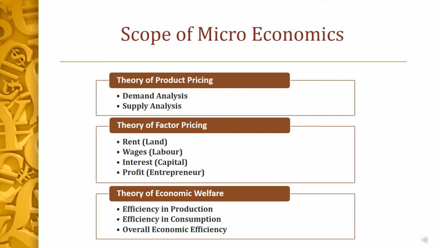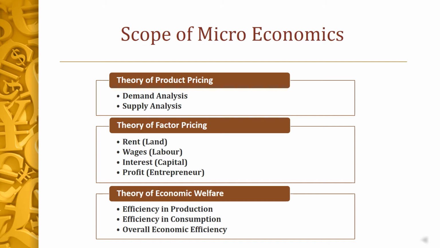Similarly, efficiency in consumption means the products which are produced by the producer should be made available to the consumer at the right price at the right time. When human wants are satisfied completely, then only efficiency in consumption is achieved. And once efficiency in production and efficiency in consumption are achieved, there will be overall economic efficiency.